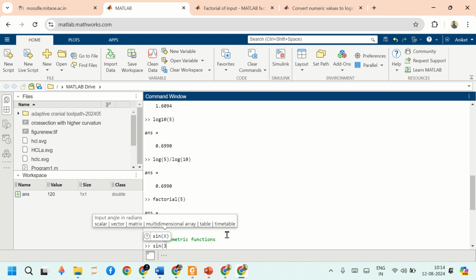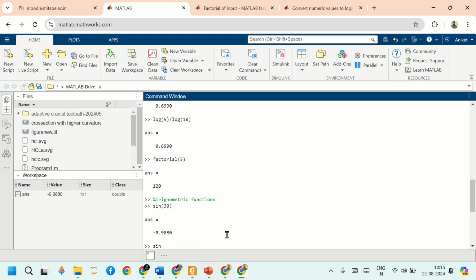Now I'll show you the difference between writing the numbers in degrees and radians. What is sine 30? Pi by 6, correct? Am I correct? So which one is the correct one? The latter one, because MATLAB generally takes the values of the angles in radians.